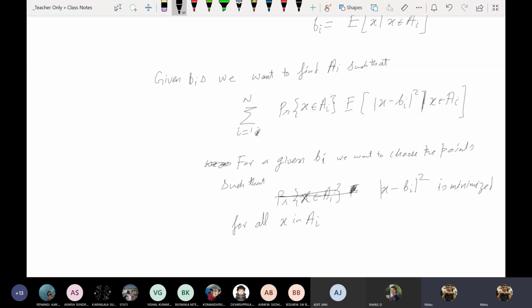So A_i are sets. We want to make these sets such that this distance for all x in A_i is minimized.